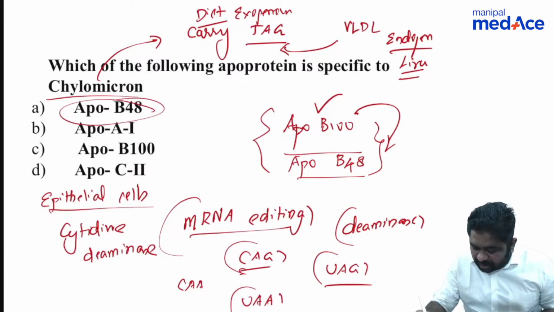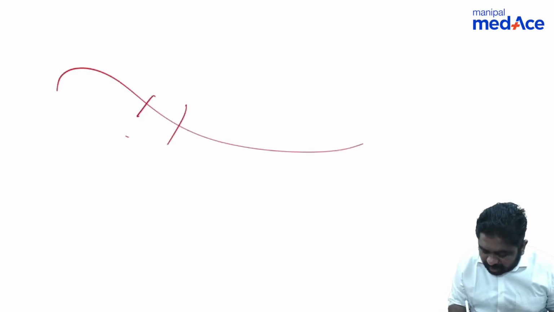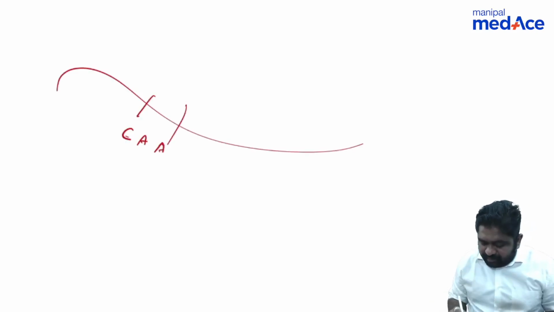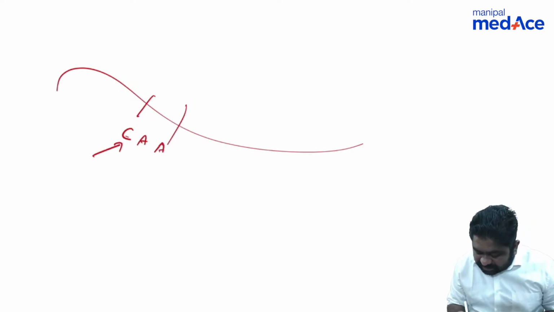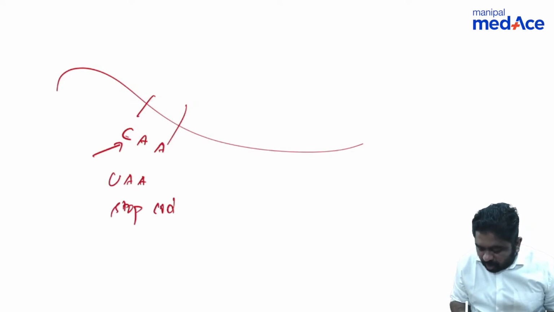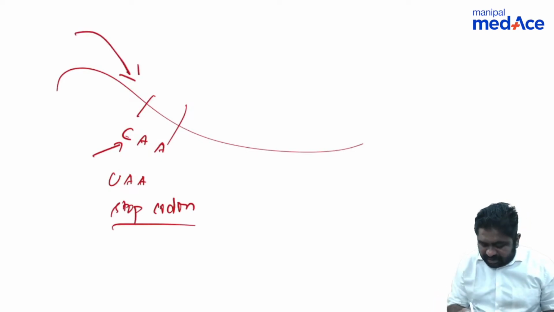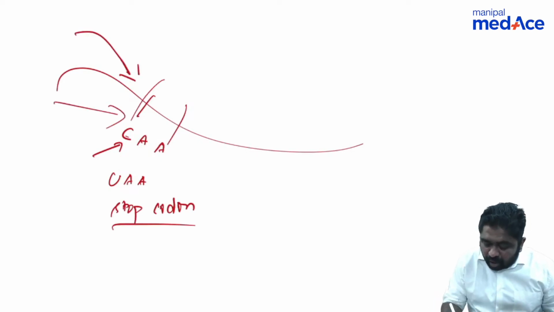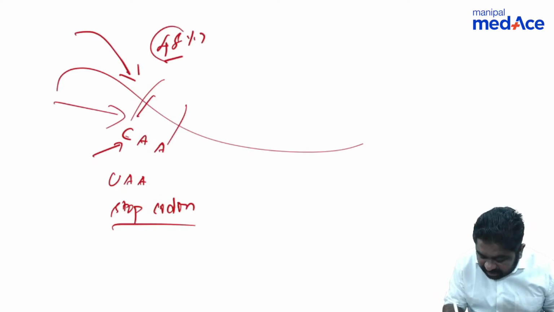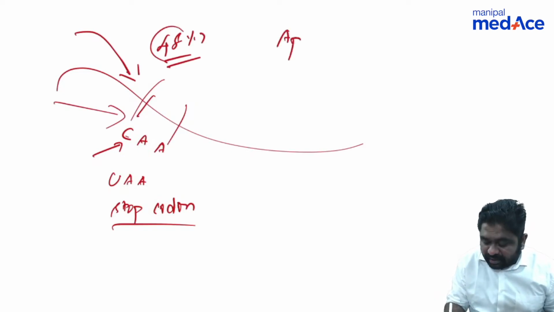Now imagine this. I'll be using a different slide here. In case of the codon, you have CAA. If it is knocked off, that CAA becomes UAA, which is a stop codon. Now, when that stop codon comes into existence, the whole process of transcription and translation will stop at this level, which is 48% of the ApoB100.